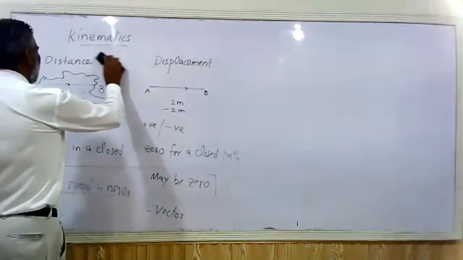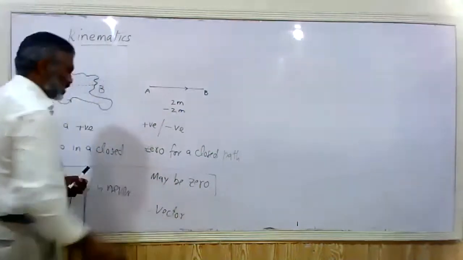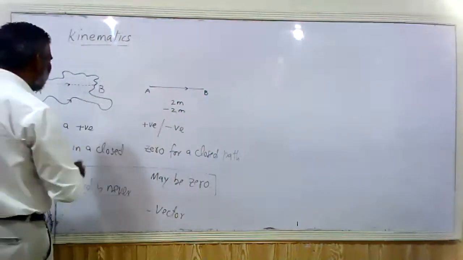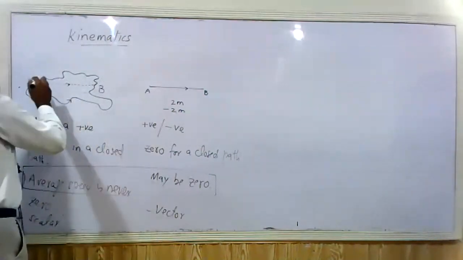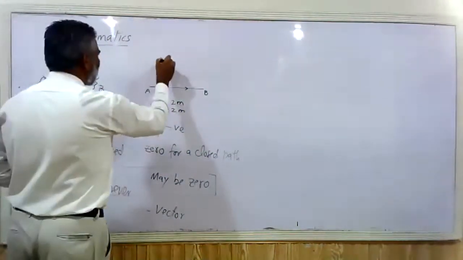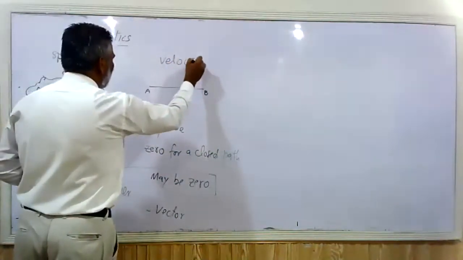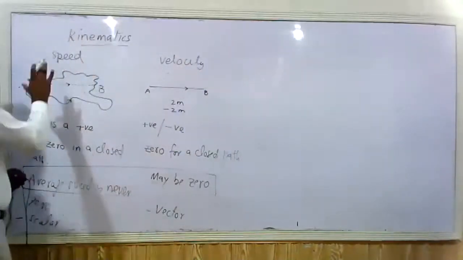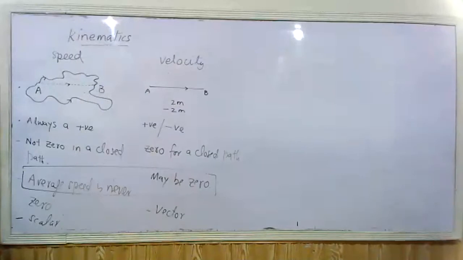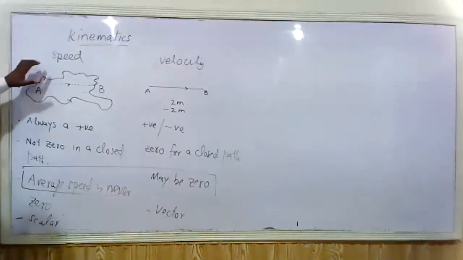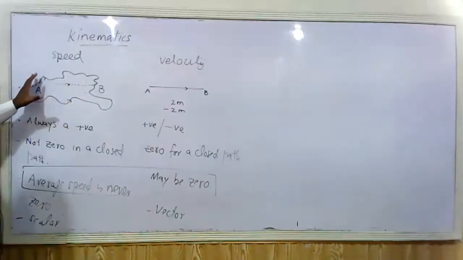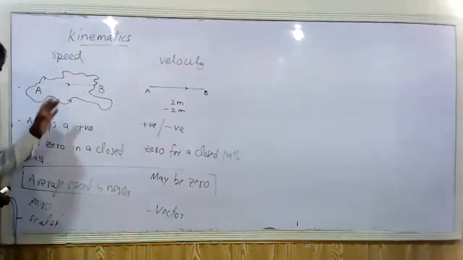A similar comparison is between speed and velocity. Let's discuss that quickly, and with that we finish today. This is speed and this is velocity. Speed has something to do with how fast you are moving, but speed is distance divided by time: the distance you have covered divided by the time.